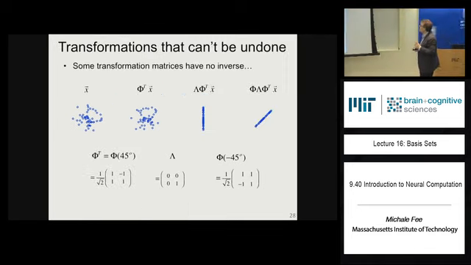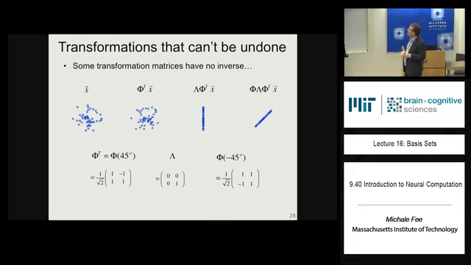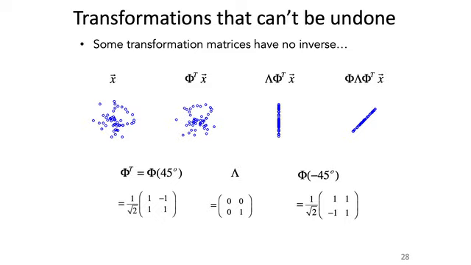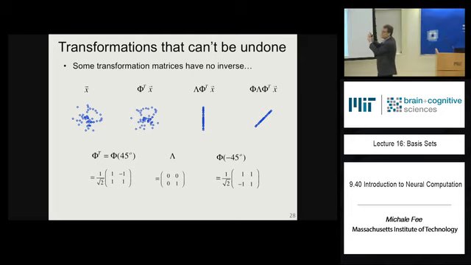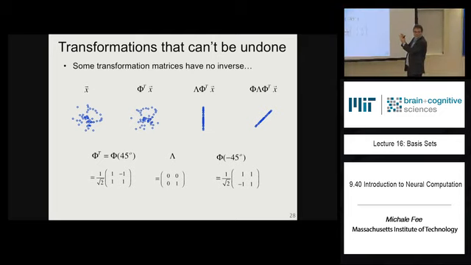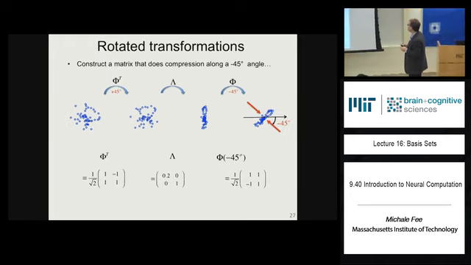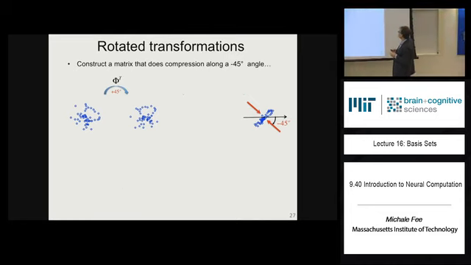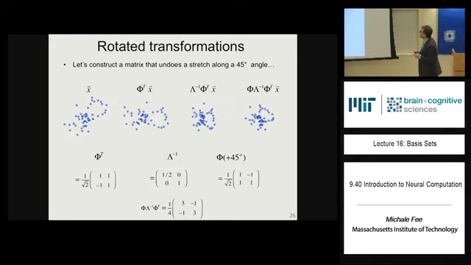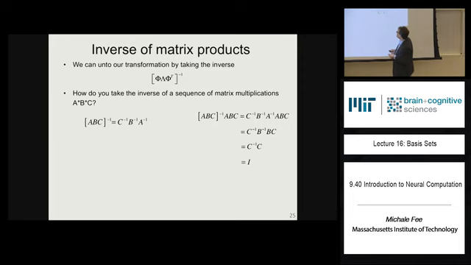Let me show you one more. What happens if we accidentally take this data, we rotate it, and then we squish the data to 0? Yes? It doesn't matter. You can do either one. Let me go back to the very first one.